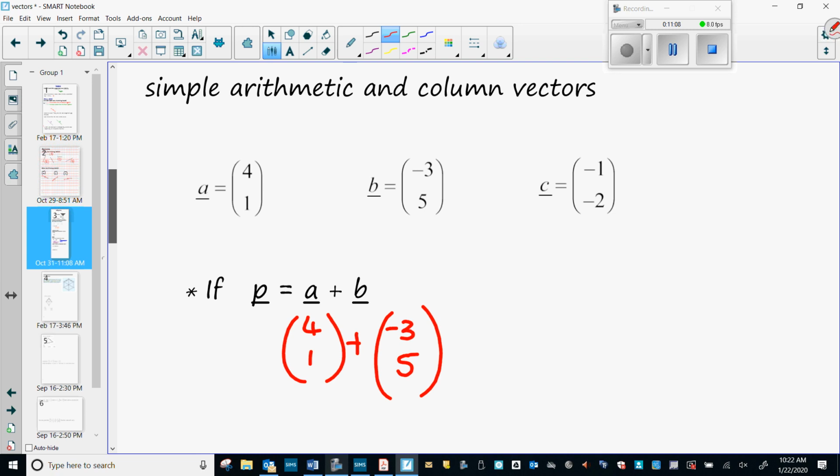So if I've gone right 4 and then down 3, my resultant is going to be the sum of these two. So we're going to say, what's 4 plus negative 3? 1, yeah? And what's 1 plus 5? There, that's it. So if you were asked what's A plus B, you would literally just add the two vectors together.